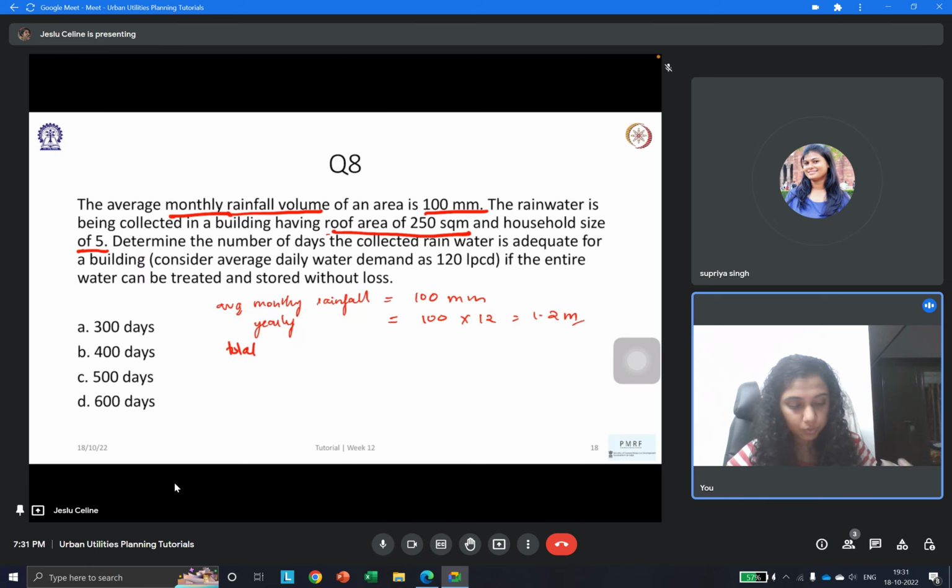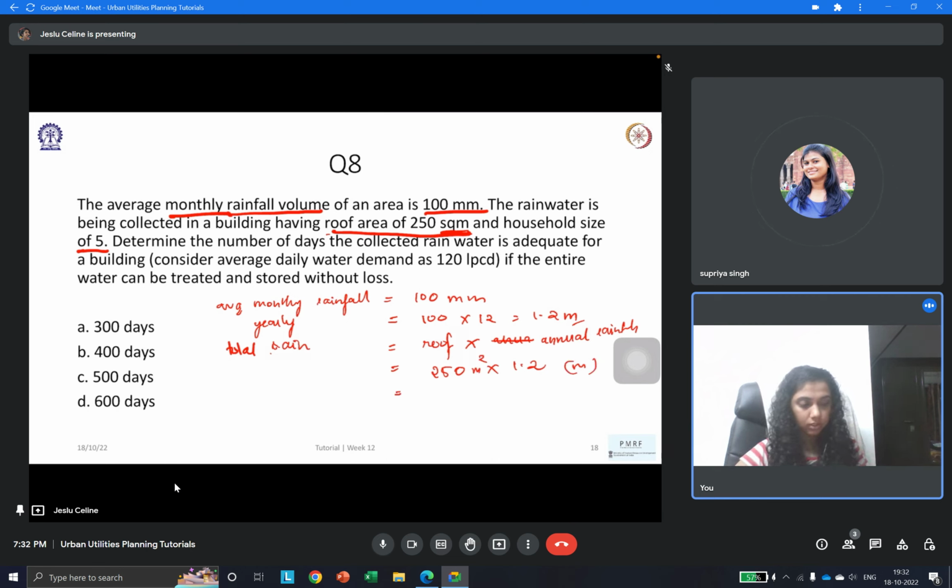Now, the rainfall we will be collecting over the roof area: total rainfall collected would be the roof area into the annual rainfall. The roof area is 250 square meters into 1.2. This is in meters and this is in square meters, so what we get is the volume.